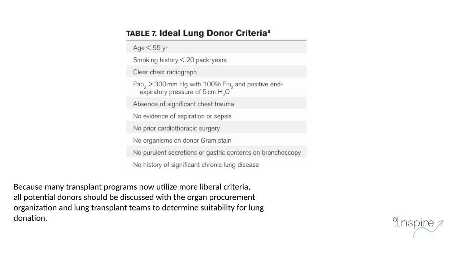No significant chest trauma, no evidence of aspiration or sepsis secondary to aspiration, pneumonitis, prior cardiothoracic surgery, no organisms on donor gram stain, no purulent secretions or gastric contents on bronchoscopy, and no history of significant chronic lung disease.